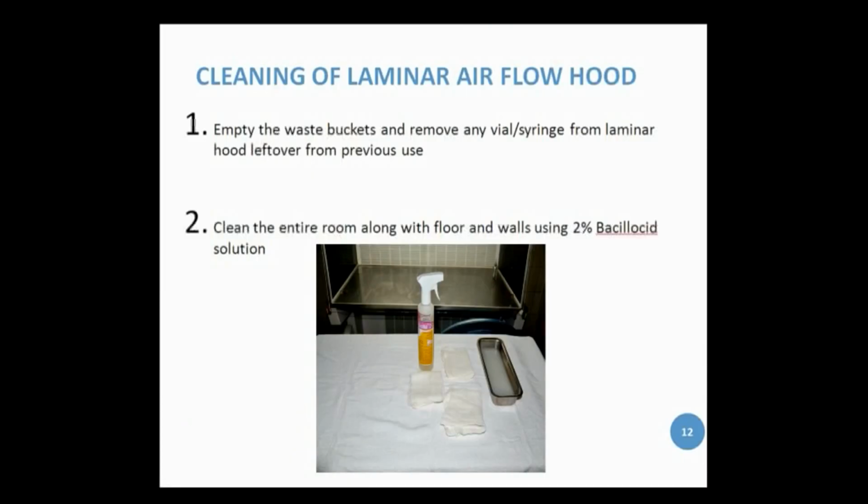Step number 1 is to empty the waste buckets and remove any vial or syringe from the laminar flow hood left over from the previous use. Step number 2 is to clean the entire room, that is, if it is placed in a segregated room, along with the floor and the walls using a 2% bacillocid solution.